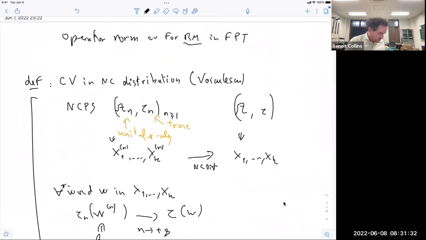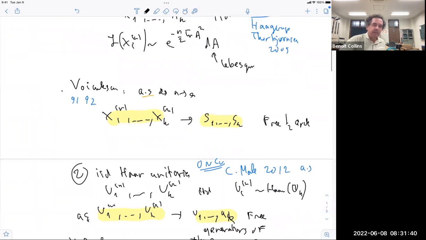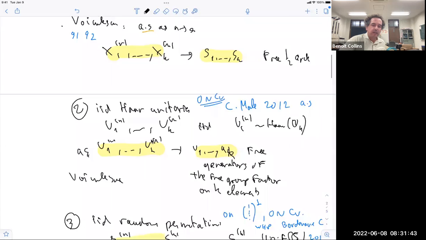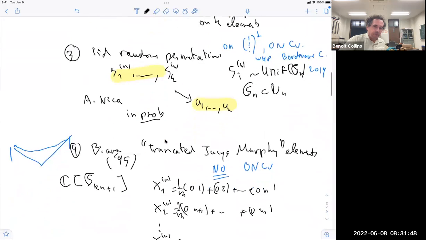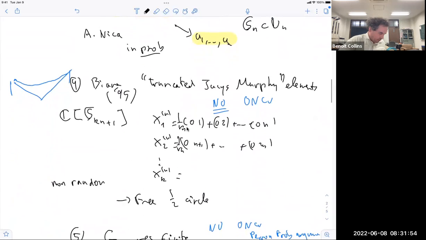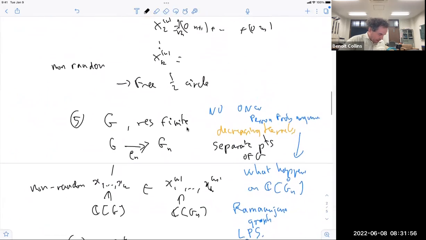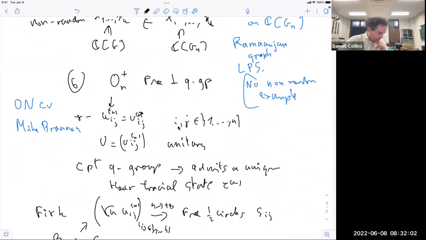So let me continue what I was doing yesterday. The plan was to describe some techniques from now on to prove operator norm convergence. We had these examples of IID GUE, IID Haar unitaries, and random permutations. This example did not go through strong operator norm convergence, and I already described, briefly at least, the technology used by Mike Brannan to achieve this operator norm convergence in this context.